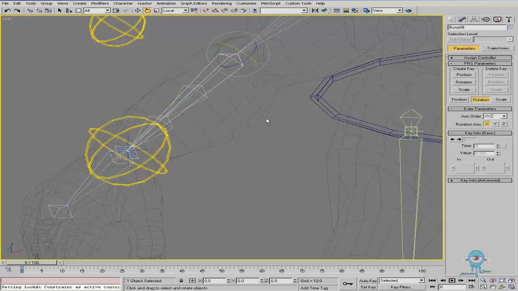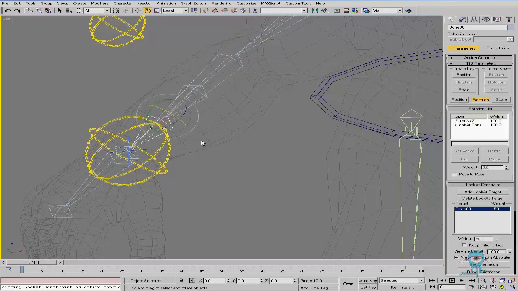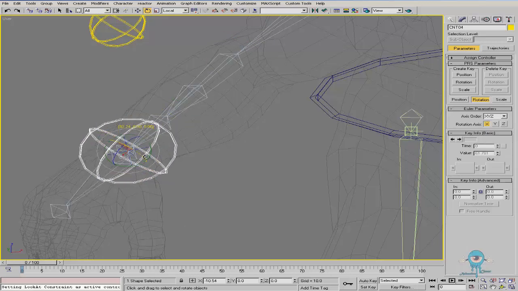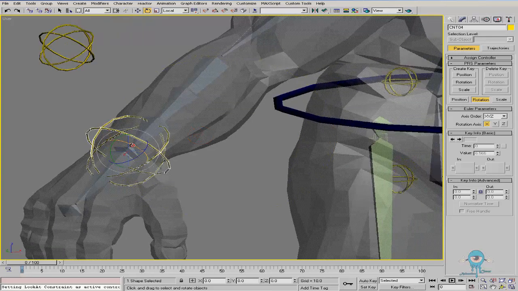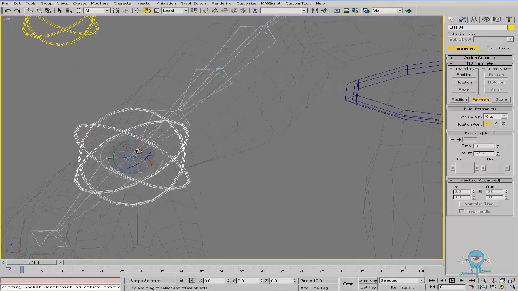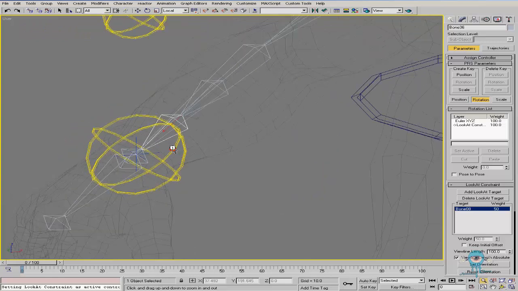It's looking back at the forearm bone so that it stays orientationally aligned to it when the elbow bends, but its up node is using the hand bone. So now you have a situation where when the hand bone twists, the twist bone twists with it.